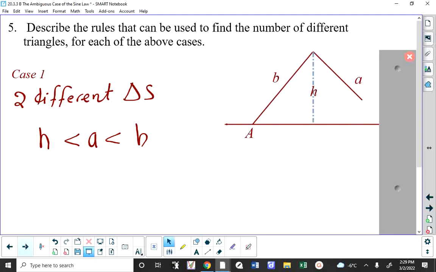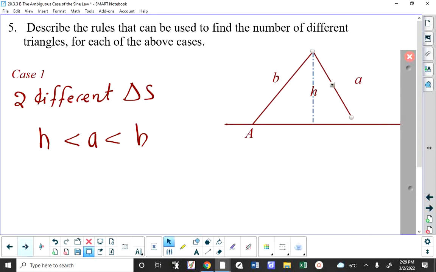You don't need to draw this, this is me just explaining. It has to be something like this length so that if I swing it down, it connects here for a triangle. If I continue swinging it, it connects here for another triangle, but it can't be so long that it connects way past point A. So it has to be somewhere between.